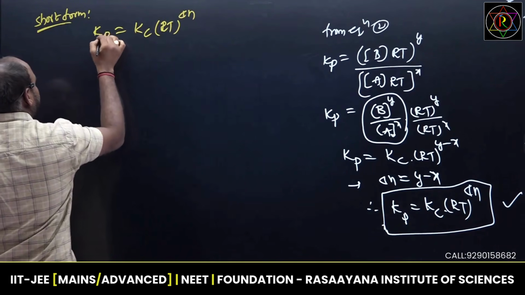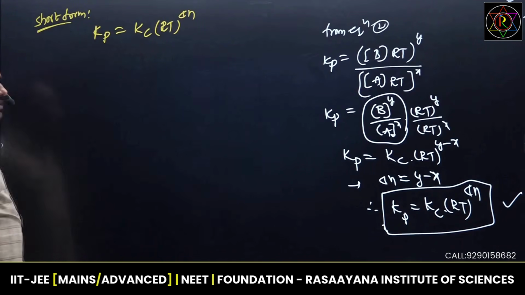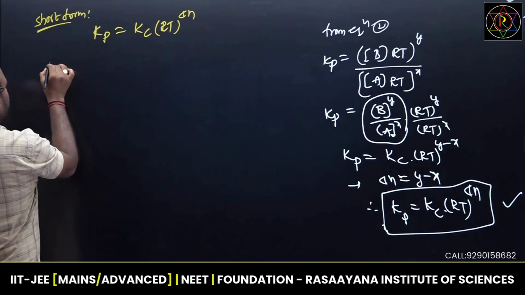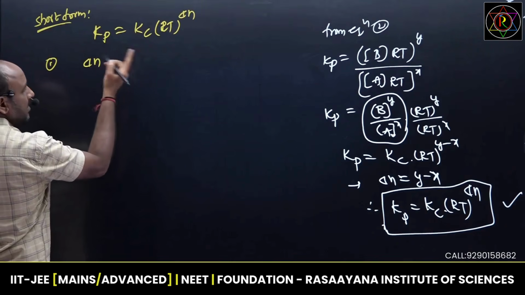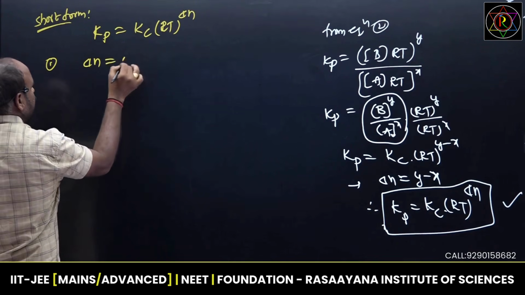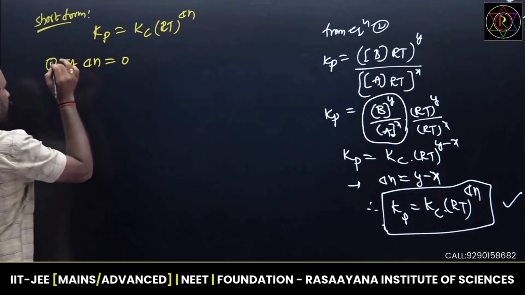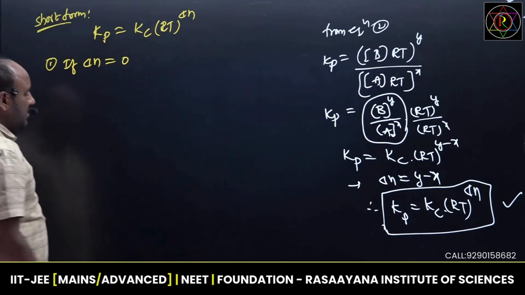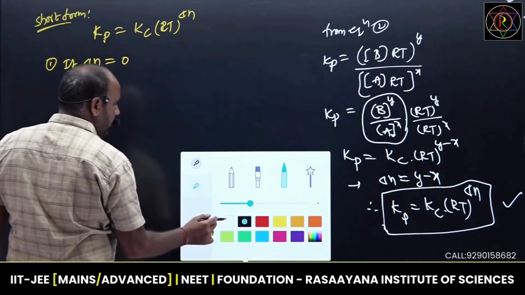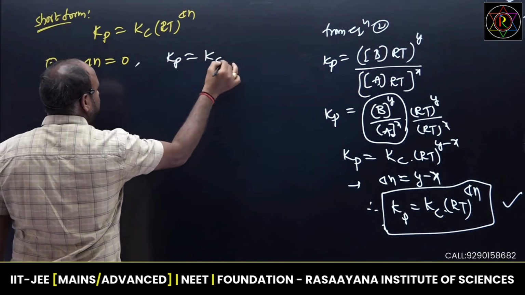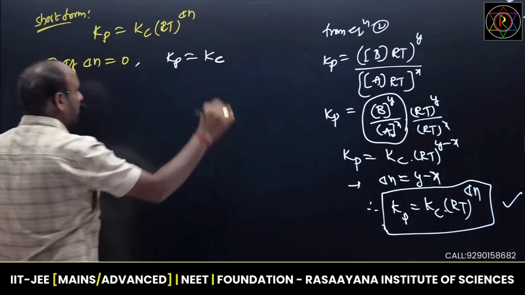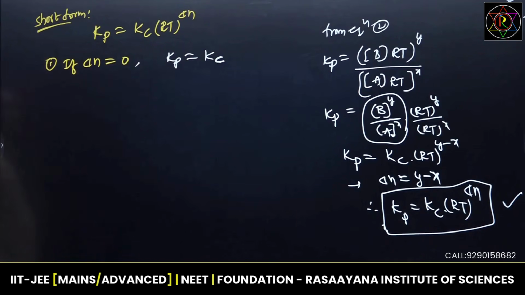Some of the reactions have delta Ng equal to 0. When delta Ng is 0, Kp is equal to Kc. We get both equilibrium constants equal.